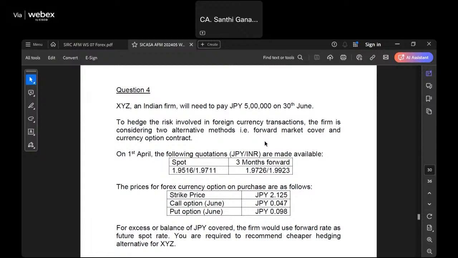How should we approach a currency option? First of all, we have to identify whether it is an OTC option or an exchange traded option. When we discussed derivatives yesterday, we were discussing that forwards are always OTC, futures are always exchange traded, options can be OTC or can be exchange traded. This is what we discussed.